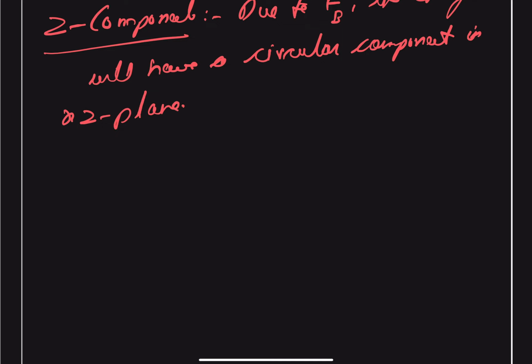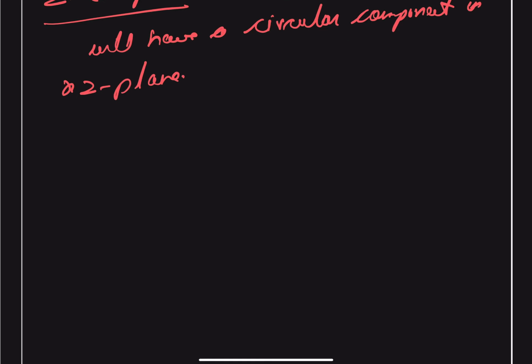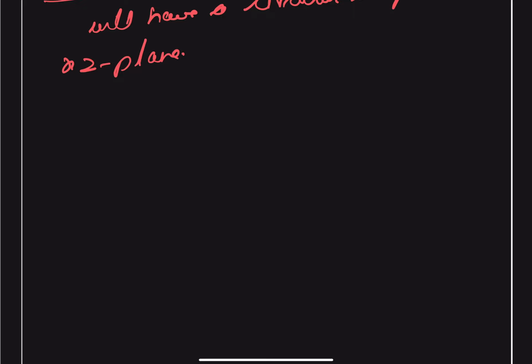So it means we can draw a resulting motion from there. So we can say resulting motion, and we are going to have a helical motion because of the circular motion and the linear acceleration in y direction, and the pitch will be determined by the component in y velocity.